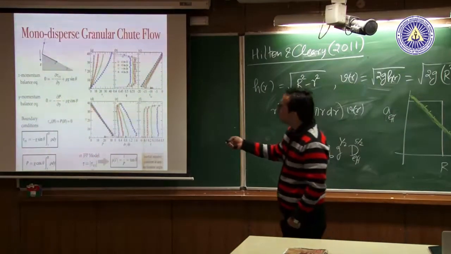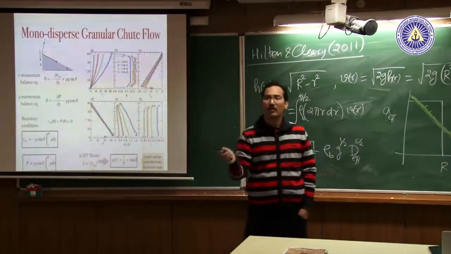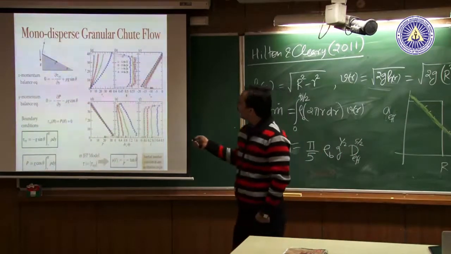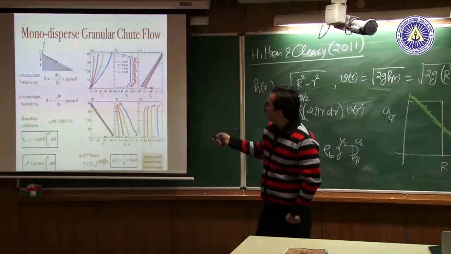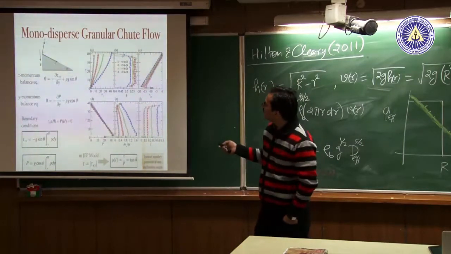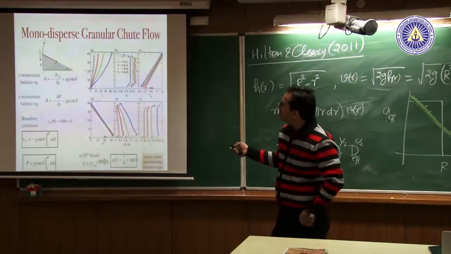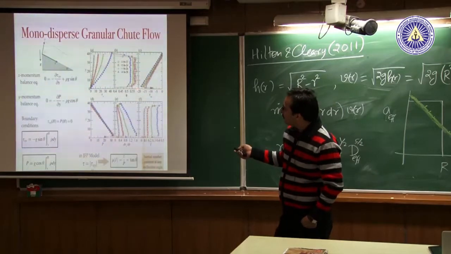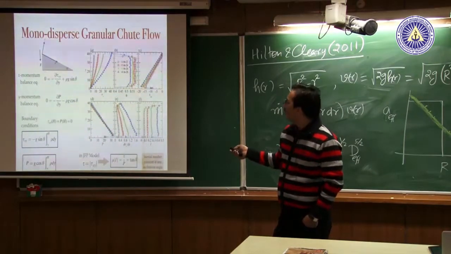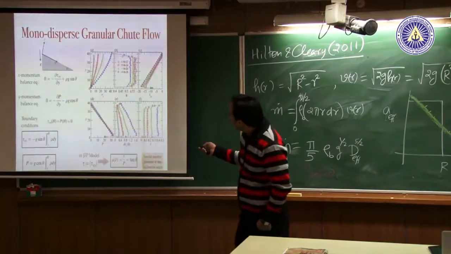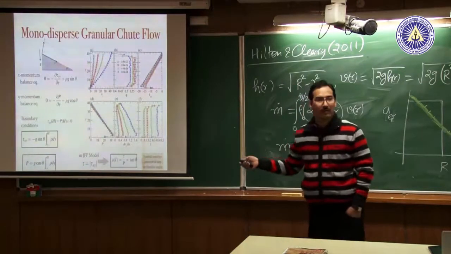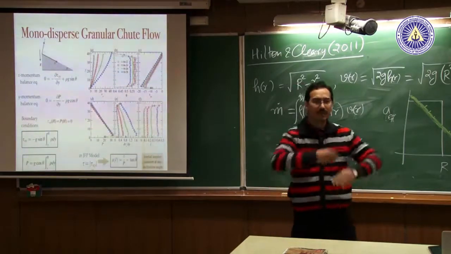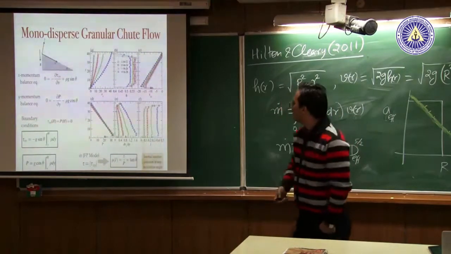What you have is y raised to the power 3/2, popularly called the Bagnold profile, because Bagnold in the 1950s first proposed a constitutive law and suggested why this could make sense. As you keep increasing the inclination angle, your packing fraction keeps decreasing, somewhere between 0.58 and 0.52, between theta 22 and 28 degrees. So there is a range of inclination angles at which this is going to work.